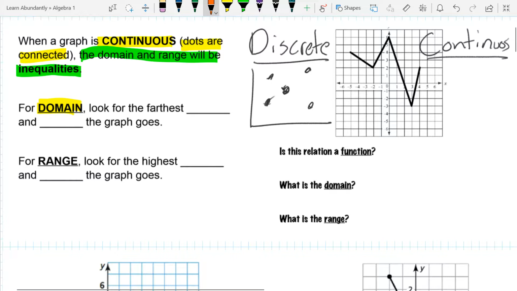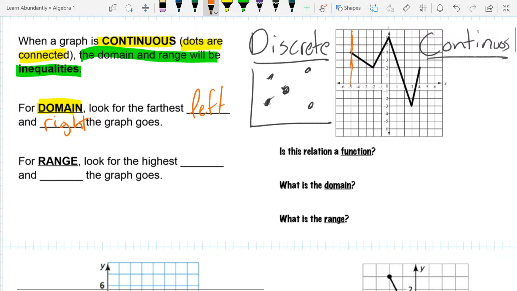When we look at domain, we want to look for the farthest left and right the graph goes. So if we're looking at this graph right here, I can see that on the left-hand side, I'm going to kind of draw a little line here, kind of boxing this in. That's where that graph stops on the left side there.